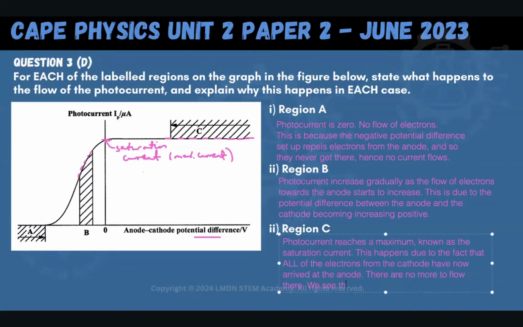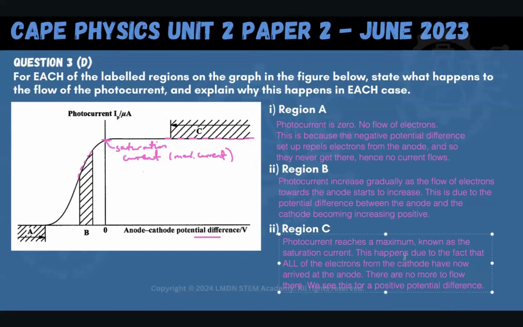We see this for a positive potential difference. So this is a very positive region there. And so at the end of the day, there are no more electrons. They've all arrived there. All electrons emitted travel between the plates and they end up at the anode.